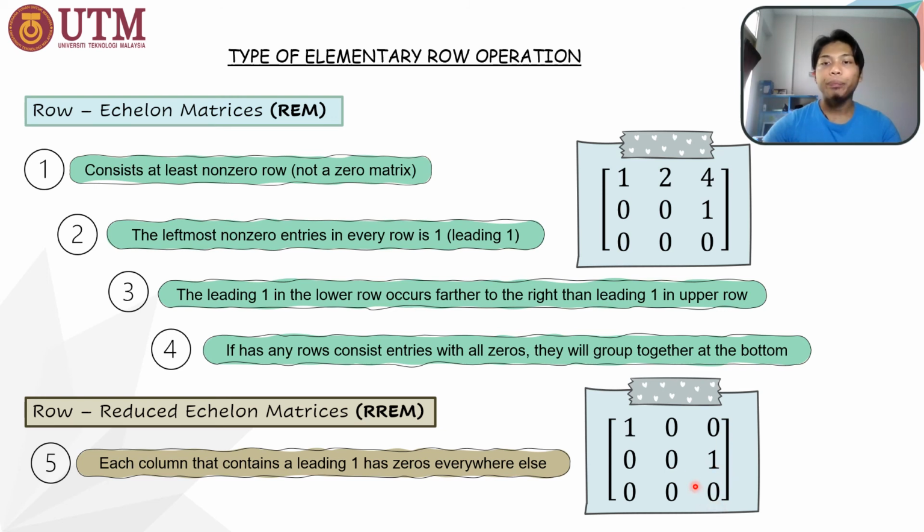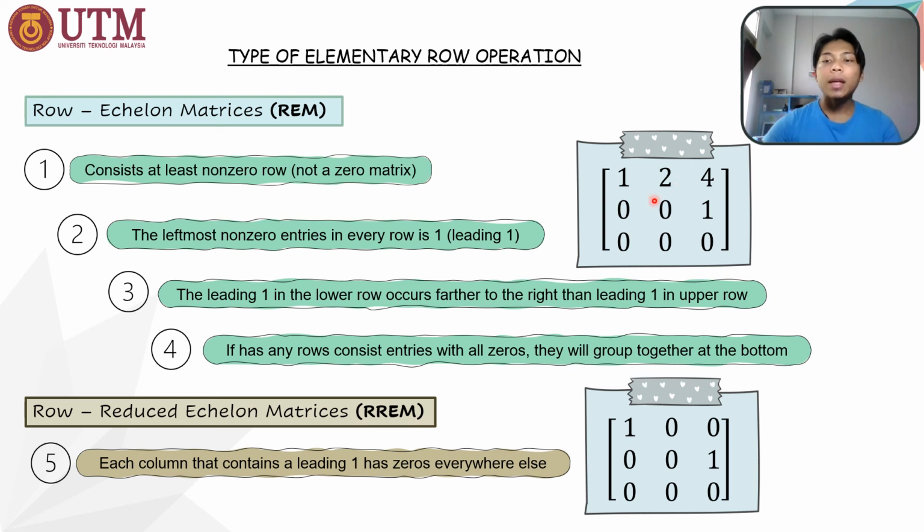So in row echelon matrices, for a leading one, the entries under the leading one must become 0. But for the row reduced echelon matrices, RREM, under and above the leading one must become 0. You guys can see it like that. That's a simple difference between REM and RREM.